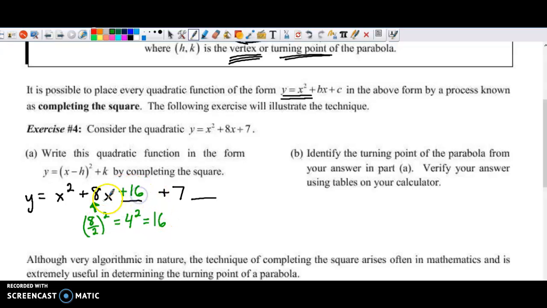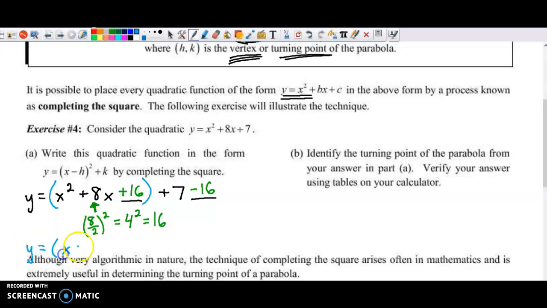Now you can't just randomly throw a 16 into the problem. You can do that if you later subtract 16. So if I group the first 3 terms together, that's a perfect square trinomial.